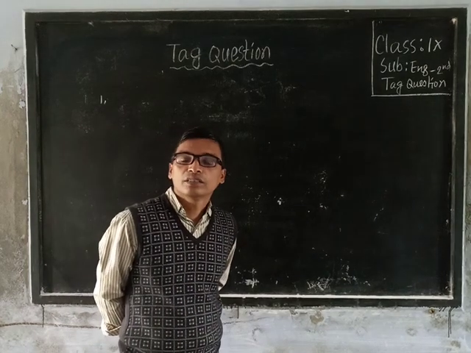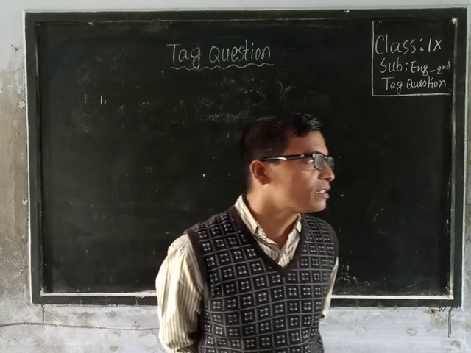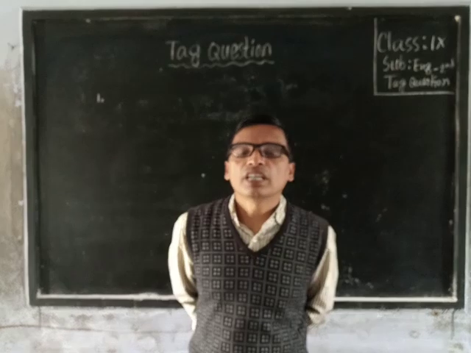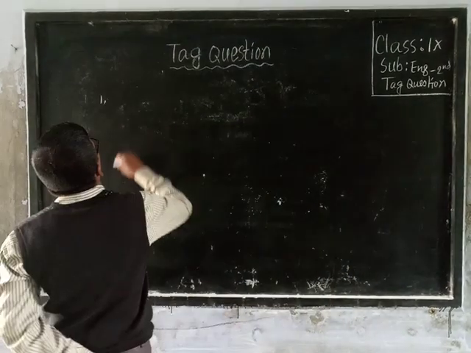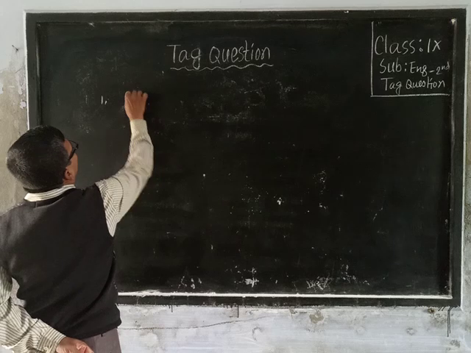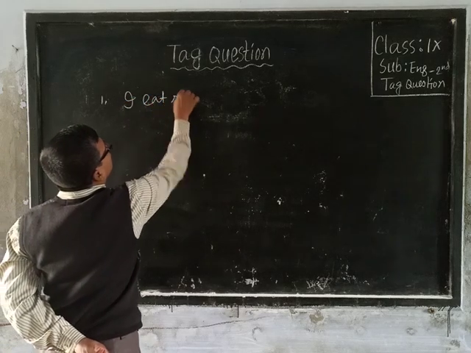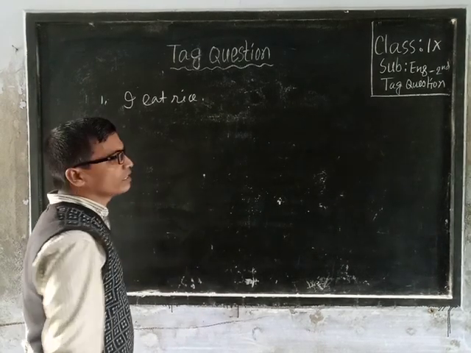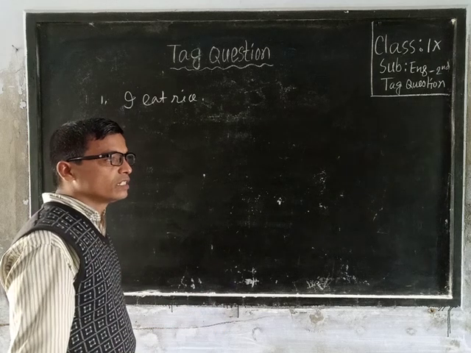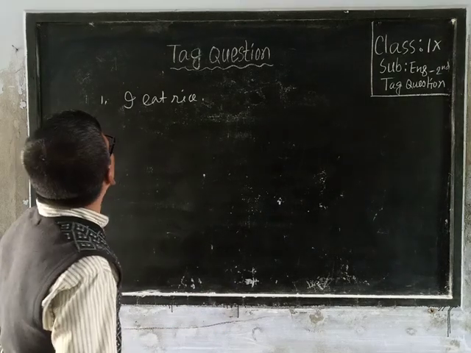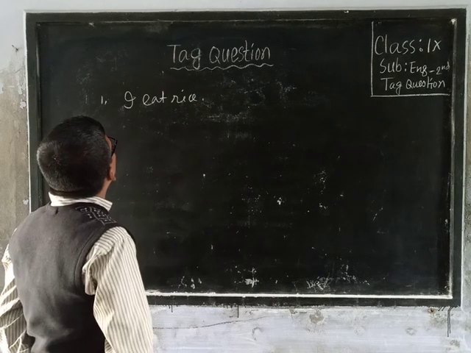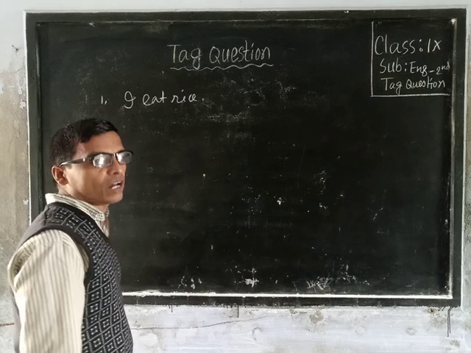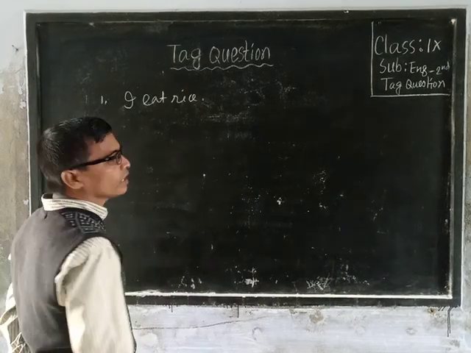We have already learned that, and now we are going to see if there is no auxiliary verb in the sentence. I eat rice. Look dear students, there is no auxiliary verb in this sentence. So how can we change it into a tag question? Yes, there is no auxiliary verb, so we will use the do verb here.